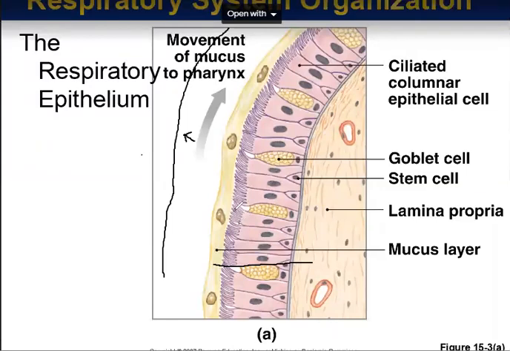And then the cilia is like little oars or little pieces of hair that's going to move stuff up towards the throat. Goblet cells are going to produce mucus, right? So they basically secrete mucus. So the mucus is thick, it's almost like saliva. And it's down here in your lungs, and you got it in several different areas of the body. And then what happens is, in this case, it's going to move up towards the throat so you can swallow it.